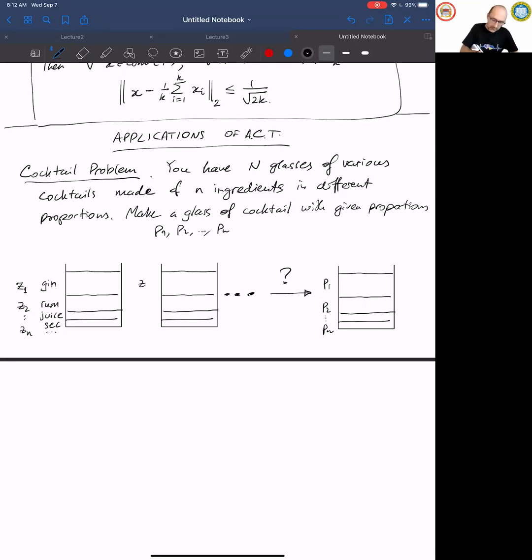And in the second glass, Z12, Z22, Zn2, and so on and so forth. So we have vectors. The composition of each cocktail is a vector. We can encode it as a vector, Z1, Z2, and so on. And the target cocktail is also a vector. Let's call it P.